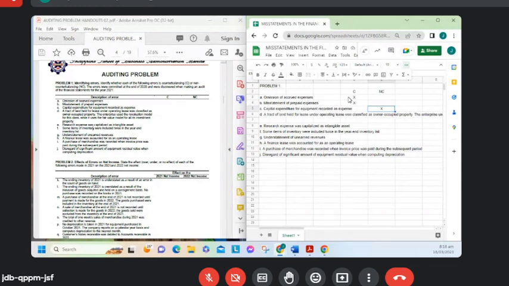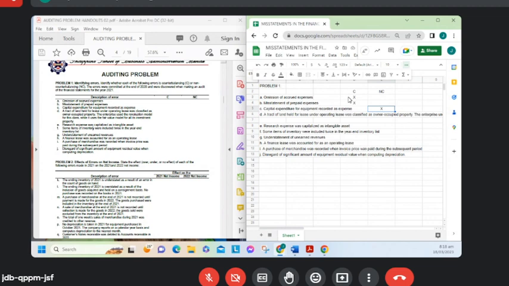If the useful life of that equipment is 10 years, then the expense should be spread out over 10 years. But in this case, it was expensed out at the time it was incurred.